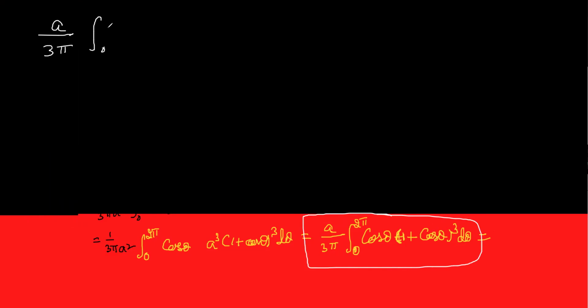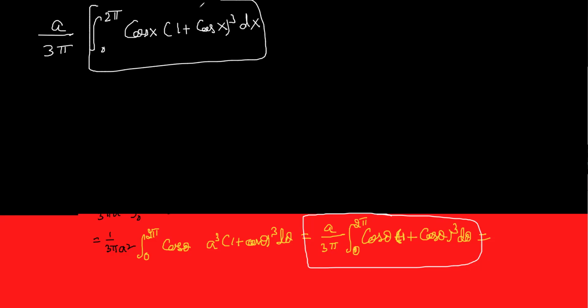You can use direct calculator for this type of question. In calculator, put 0 to 2 pi, cos x, 1 plus cos x whole cube dx. In your calculator, the integration you can do.